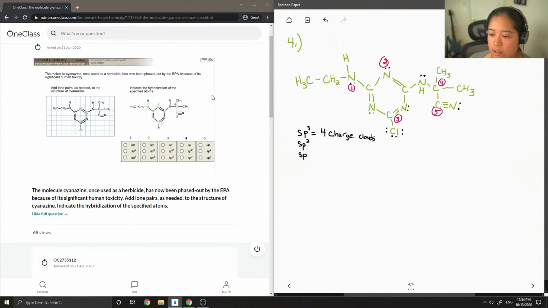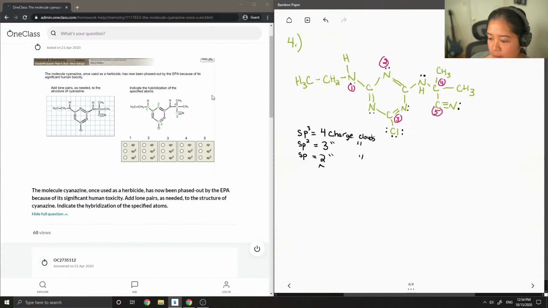Basically a charge cloud can mean either a lone pair of electrons, or it can mean a bond to another atom. sp2, 3 charge clouds, and sp is 2 charge clouds.